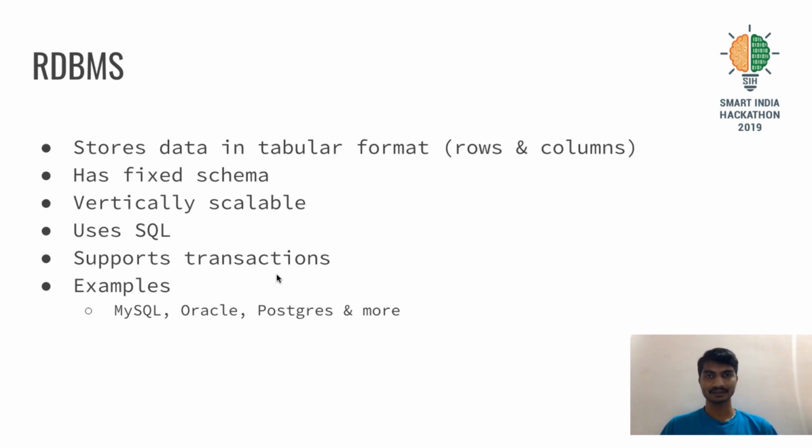We can create a lot of tables, and for each table we need to define a consistent schema. Schema is nothing but the structure of the table, or how the table is going to look. So in RDBMS we need to have a fixed schema for each table, because whenever we change the schema, a lot of changes have to happen as a cascading effect.